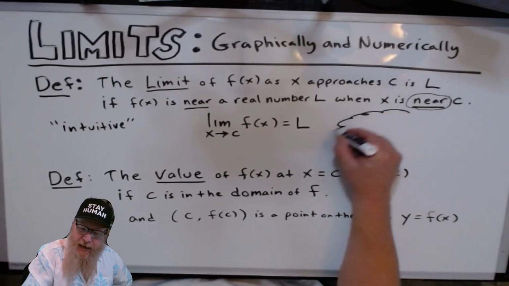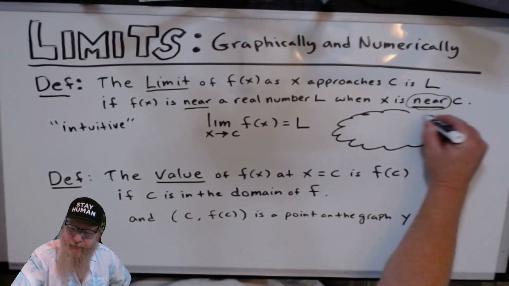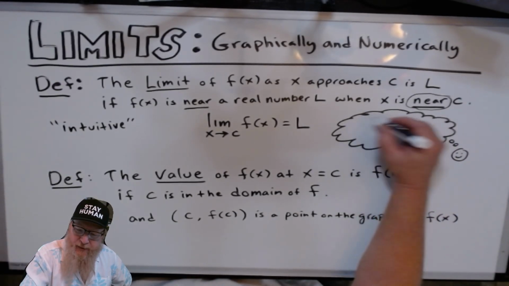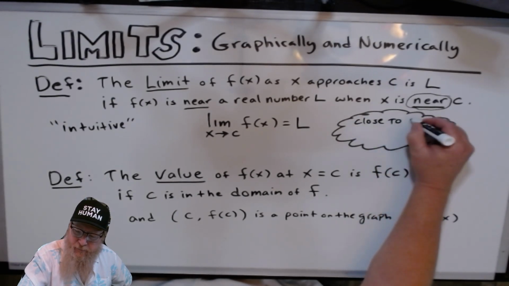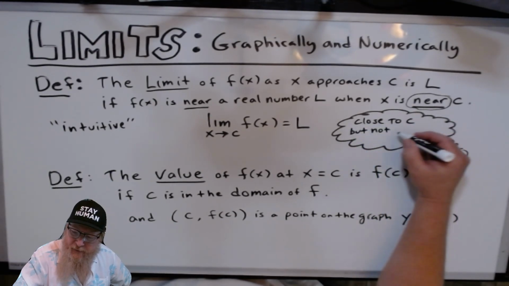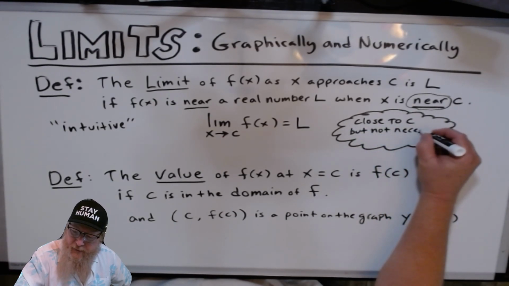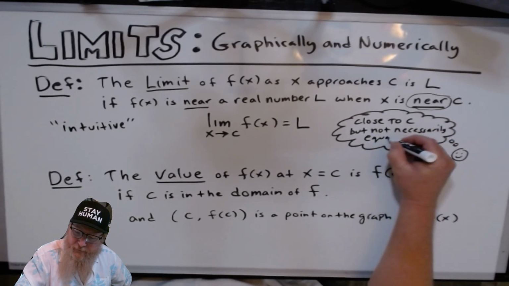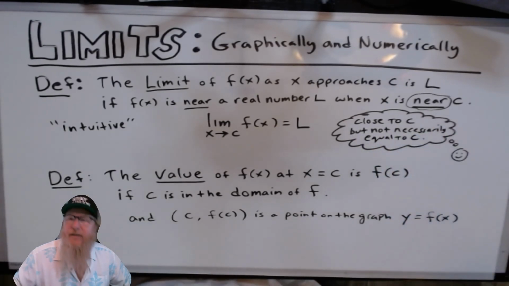And this is my cloud of intuition. Since this is the intuitive definition, near means close to, but not necessarily equal to c.